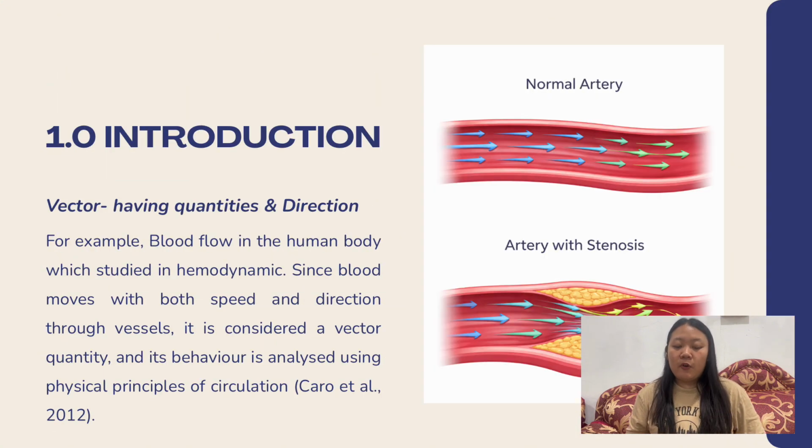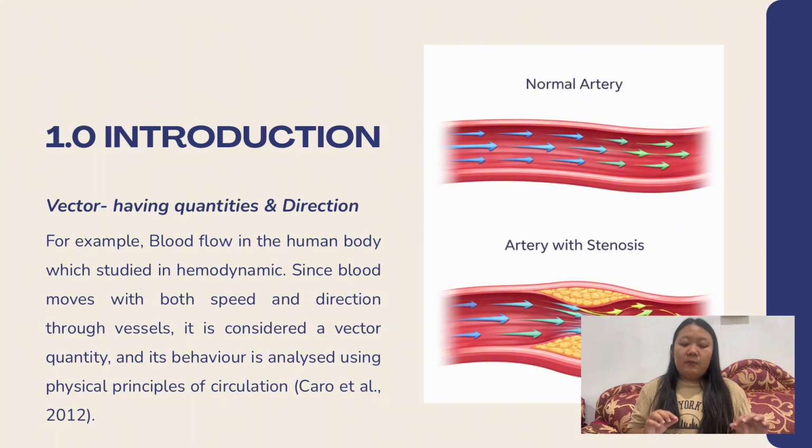First of all, for introduction, I would like to say that a vector can be described as something having quantities and direction. For example, blood flow in the human body, which is studied in hemodynamics.